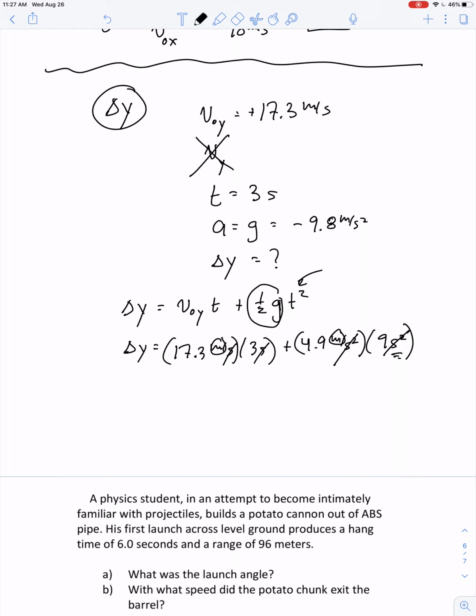17.3 times 3 gives us 51.9 meters, and then 4.9 times 9. Oh, you catch my mistake? This is negative 4.9, isn't it? Yeah, because this was negative 9.8. Okay, so 51.9 meters minus 44.1 meters.